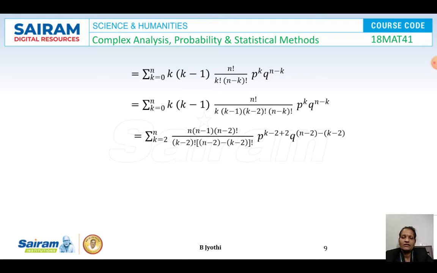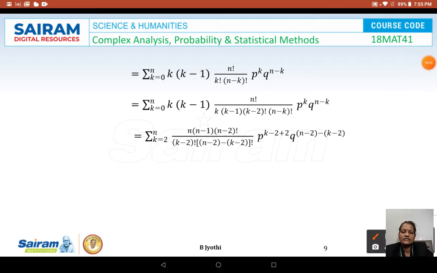This k factorial can also be written as k into k minus 1 into k minus 2 factorial, so that this k minus 1 gets cancelled in the numerator and denominator. And this one, that is n factorial by k minus 2 factorial into n minus k factorial into p power k into q power n minus k.